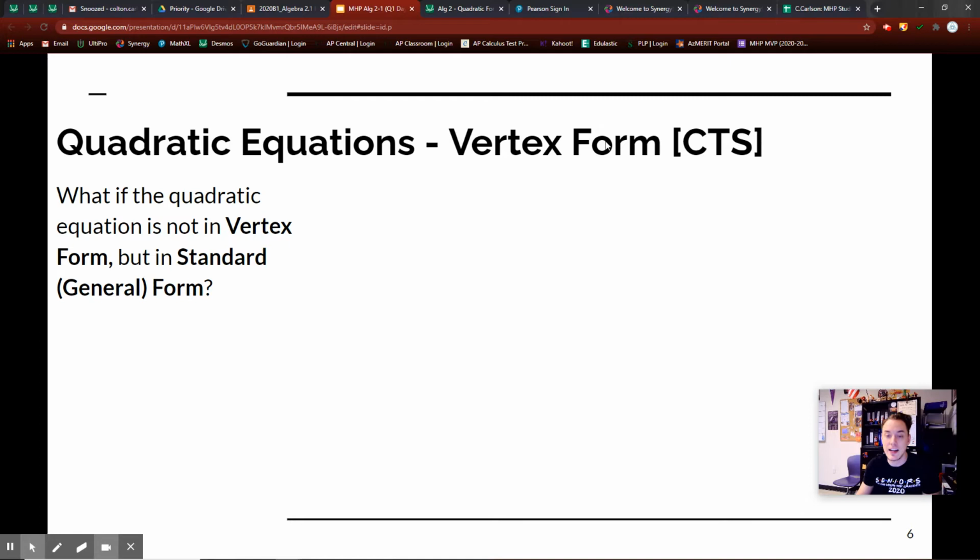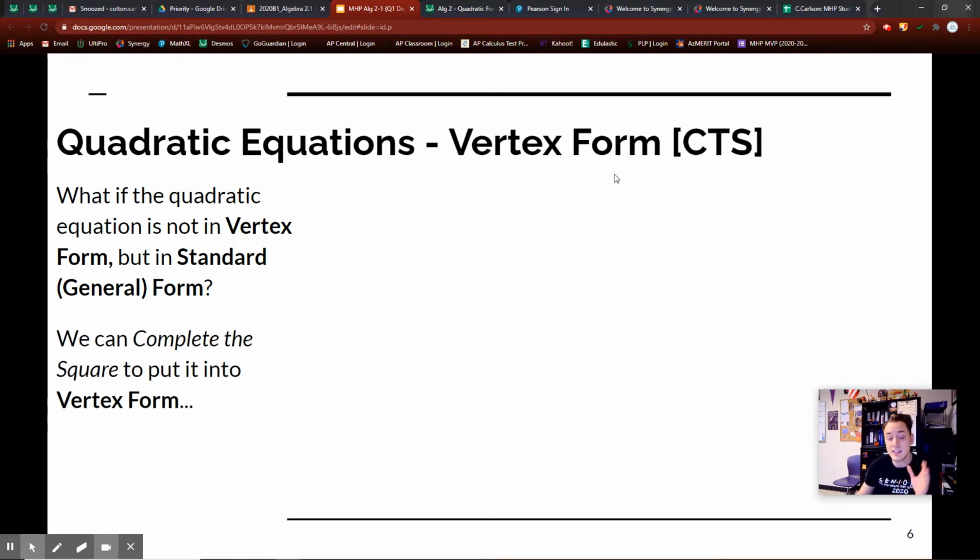So here's the first slide, vertex form. We do know what vertex form is. That's what we learned yesterday. But CTS, what is that? Remember from last week, CTS stood for completing the square. So when I say CTS, I mean completing the square. And what if we are given a quadratic function, a quadratic equation, that's not in vertex form, but rather it's in standard or what we call general form?